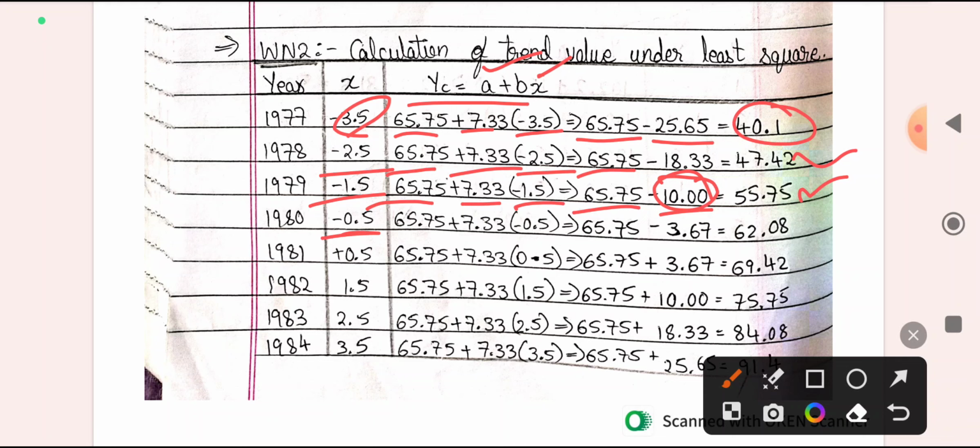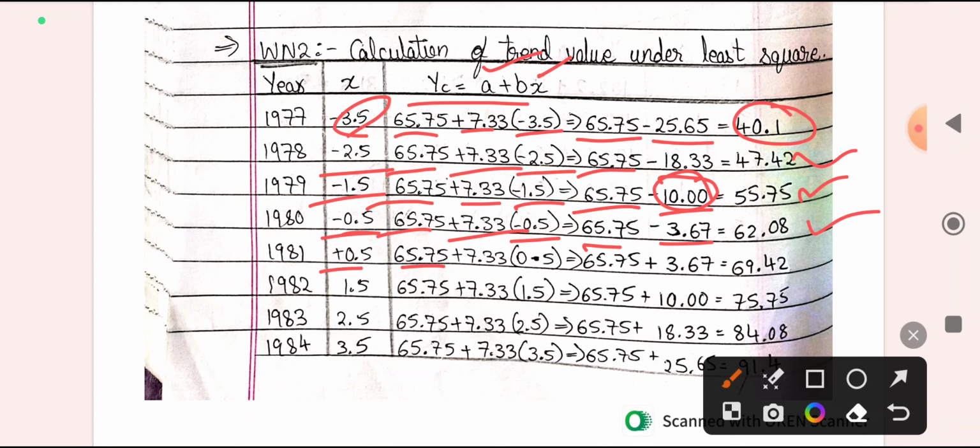Next it is minus 0.5, so 65.75 plus 7.33 into minus 0.5, 65.75 minus 3.67, it is 62.08. Like this we need to do for everything.